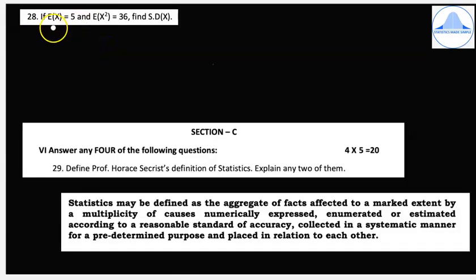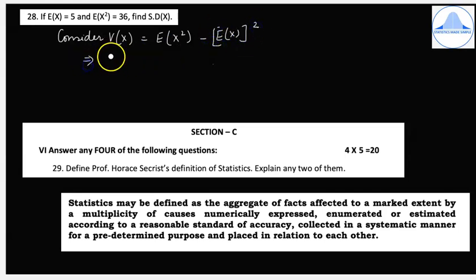28th question. If expectation of x is 5 and expectation of x square is 36, find standard deviation of x. So let us use the variance of x formula. Consider variance of x, which is equal to expectation of x square minus expectation of x the whole square. So which implies variance of x is equal to 36 minus 5 square, which is 36 minus 25 equal to 11.